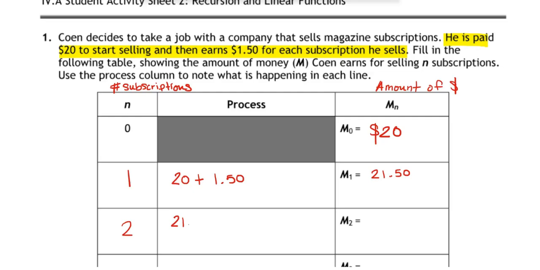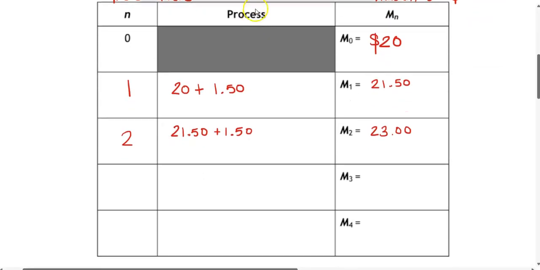So in this case, that would be that 21.50, and we would just add $1.50 to that. So we just take the last one and then we add the $1.50 again, and that's where we have our next one, which would be $23. Then we could figure out, okay, if we sold 3 subscriptions, again, I'm not going to go 20 plus $1.50 plus $1.50 plus $1.50.